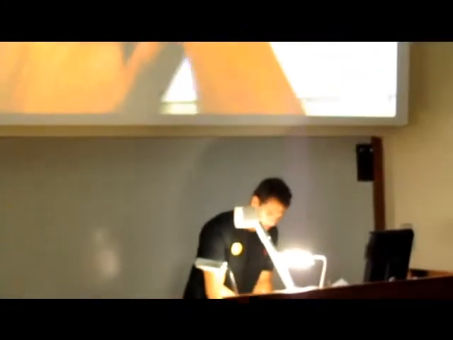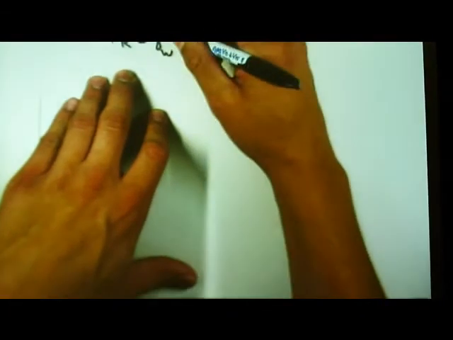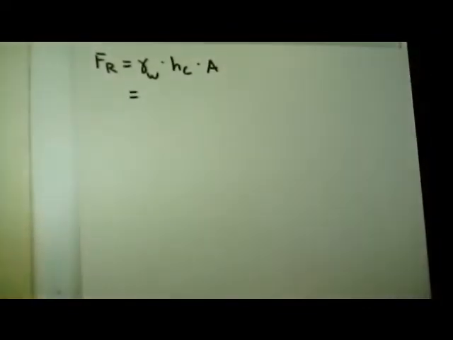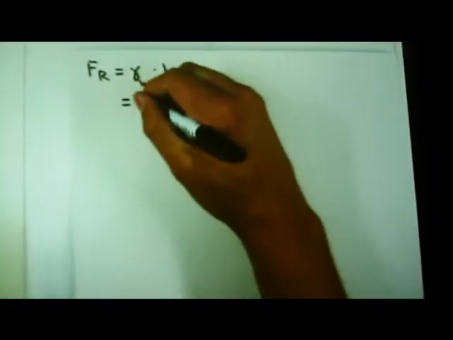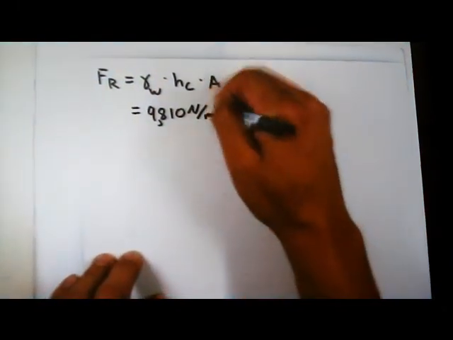Now, let's look at part B. How are we going to find the force at that location? Part B is actually just a simple equation. F_R is equal to the specific weight of the fluid, water, times H_C, the depth to the centroid, times the area of the object being acted upon. We know the specific weight from our givens: 9,810 newtons per meter cubed.